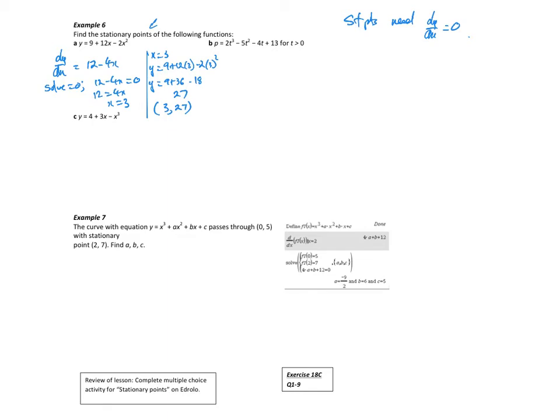Let's go across here. Maybe change the colour. dp/dt is equal to 6t squared minus 10t minus 4. So let's take a 2 out as a factor: 3t squared minus 5t minus 2.